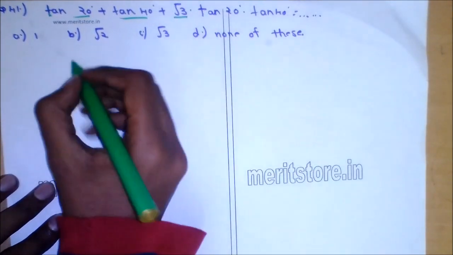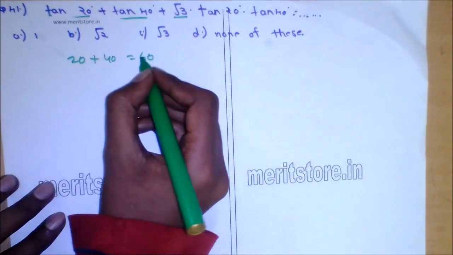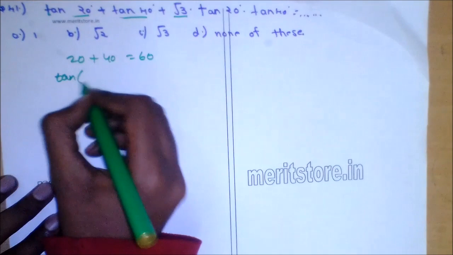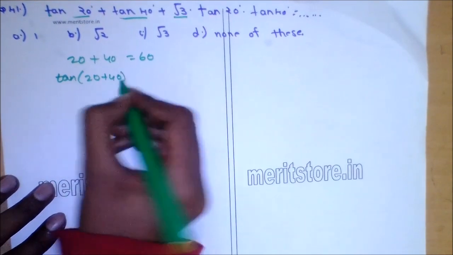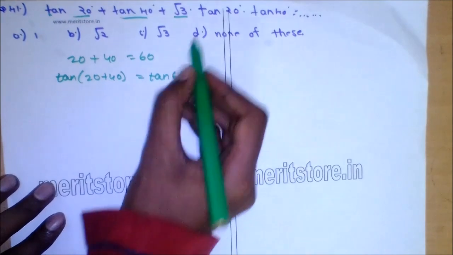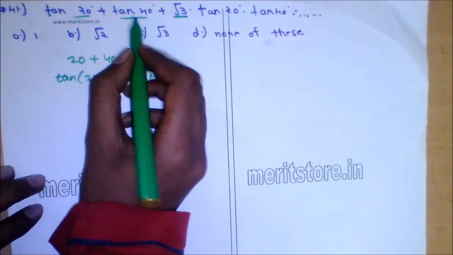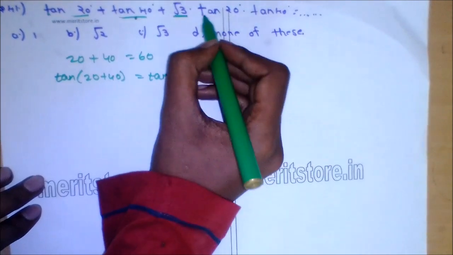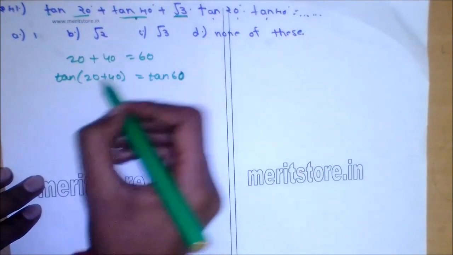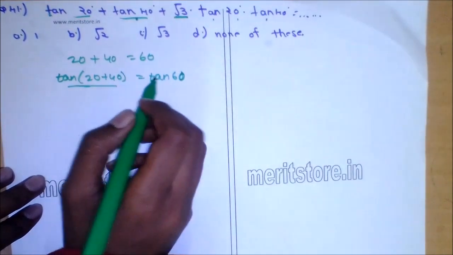So we start off with 20 plus 40 is 60. So tan of 20 plus 40 is tan 60. Tan 60 gives root 3, and we have tan 20 as well as tan 40, and the term tan 20 into tan 40, which is present within this trigonometric function.